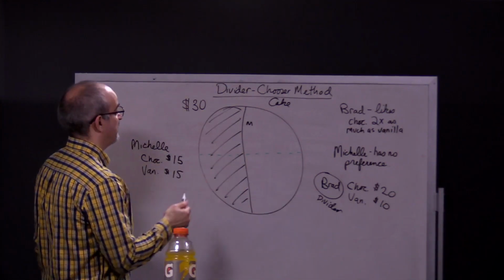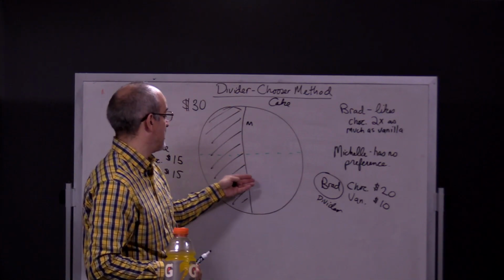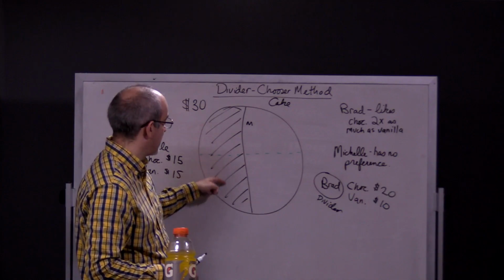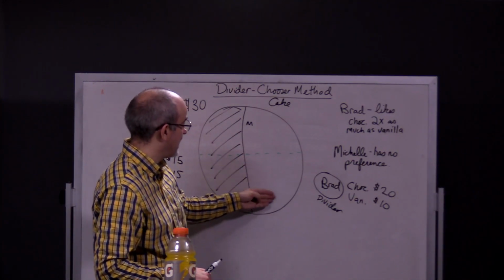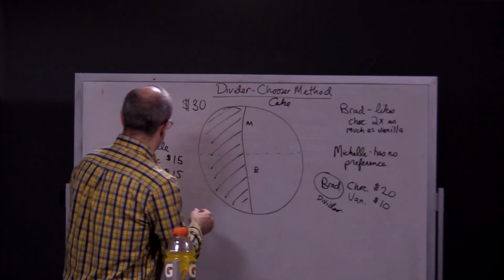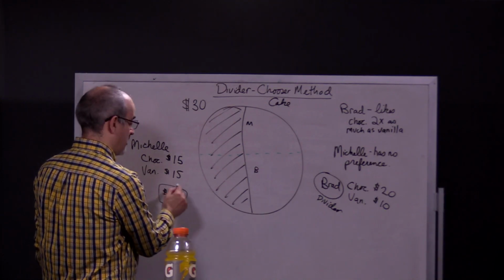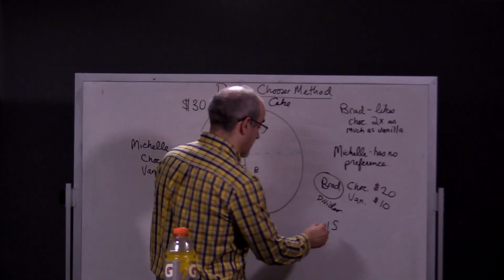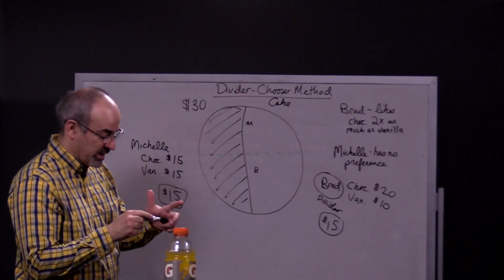So she's going to get $15 worth. For Brad, since the chocolate's worth 20, he gets half of it, which is 10. This is worth 10, so he gets half of that, which is 5. So he's going to get $15 worth. So in this scenario, they both get $15 worth of value.